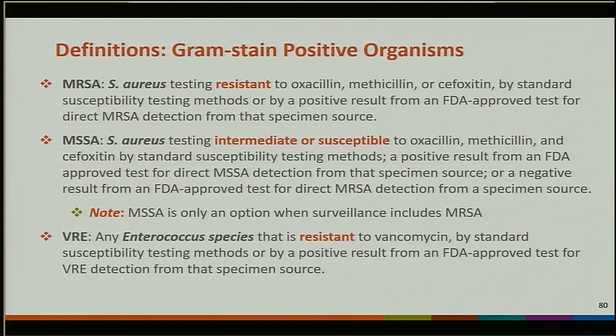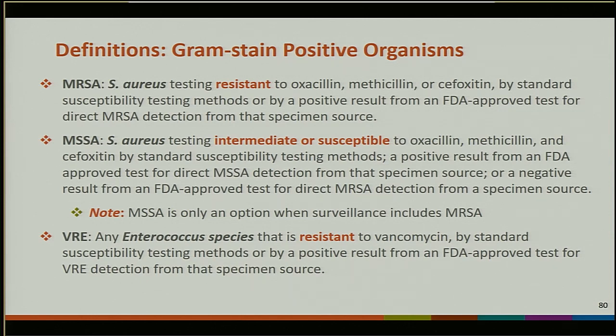Let's look at some definitions. And again, these are outlined in your protocol, which is probably much easier to read compared to the slides. But when you're choosing MRSA, you're looking for your Staph aureus that are resistant to oxacillin, methicillin, or cefoxitin. When you're looking at your MSSA, you're looking at Staph aureus testing intermediate or susceptible to those same drugs.